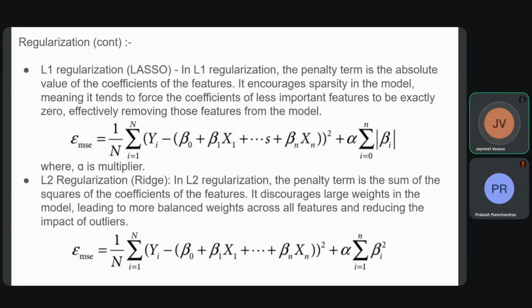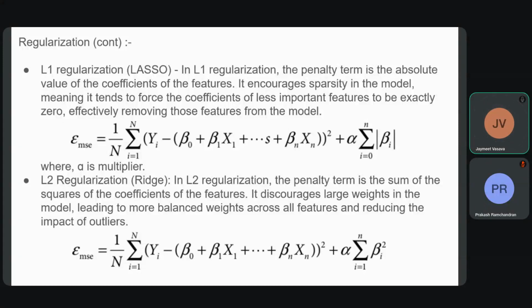Then L2 regularization, which is also called Ridge. The penalty term in this case is the sum of the squares of the coefficients of the features, which discourages larger weights of the coefficients, leading the model to more balanced weights across all the features and reducing the impact of outliers.